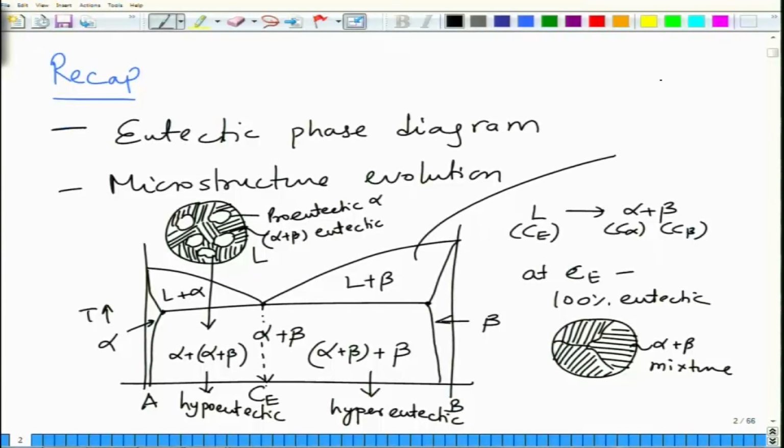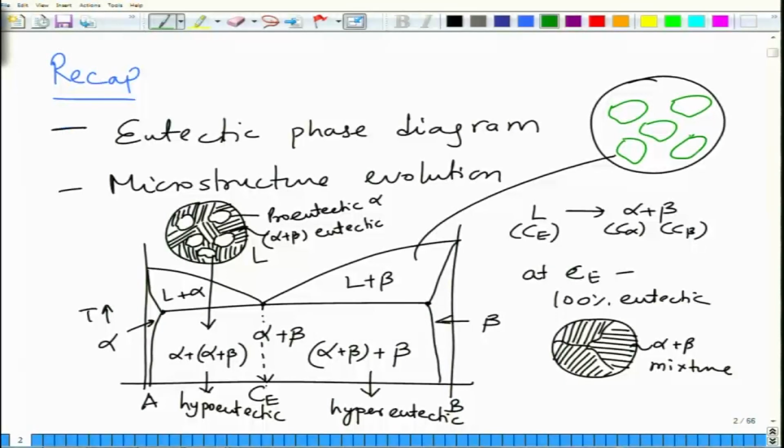In the hypereutectic region you will have, so I'll color it differently, pro-eutectic beta, and in between you will have this alpha and beta mixture.